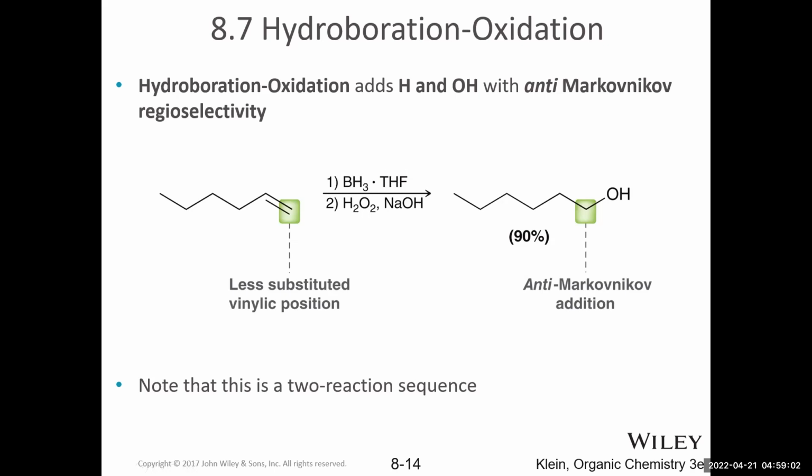And then there's a second step, which involves adding hydrogen peroxide and sodium hydroxide. So these reagents are added sequentially. First, the stabilized borane is added, followed by the addition of sodium hydroxide and hydrogen peroxide. The 1, 2 means that these are not all mixed in the same pot at the same time, but instead this is like two individual reactions that have been sequenced to produce the product in one step.